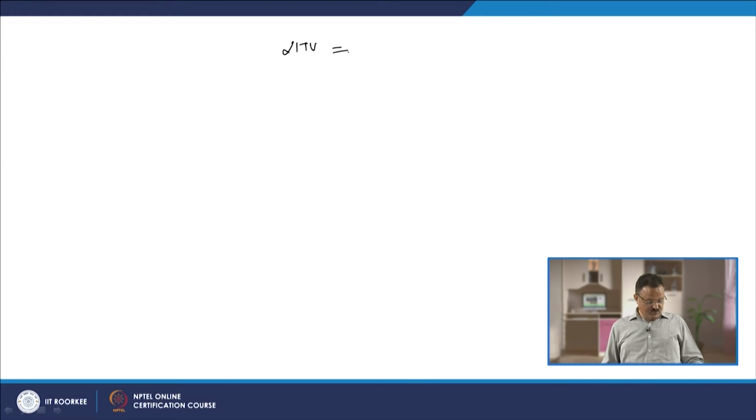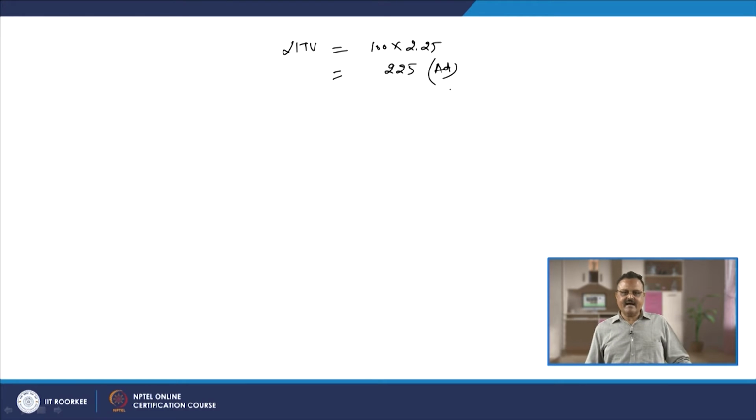The formula is idle time, 100 hours, into the standard rate, that is 2.25. So it works out as 225, and this variance is always adverse. Idle time variance is always negative, because labor has been unproductive for abnormal reasons in this time.